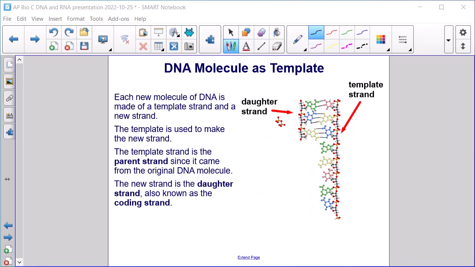Each new molecule of DNA is made of a template strand, one of the strands that was unzipped or separated, and a new strand, the complementary strand. The template is used to make the new strand. The template strand is the parent strand since it came from the original DNA molecule. The new strand is the daughter strand, which you see forming here, also known as the coding strand.